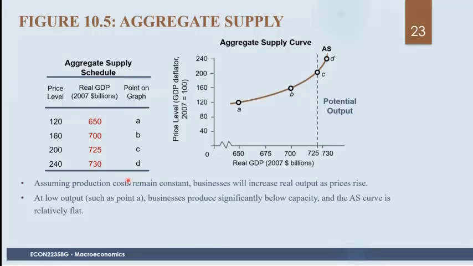But if you have the same demand shift between point C and point D, then the economy is already producing at its potential output. You could think of everyone working, using our resources fully, and so if all of a sudden the economy is stimulated a lot, you could think of there being lots of shortages in all of the different markets, and then prices will tend to get bid up. So that's why we draw it steeper when we get towards potential output.